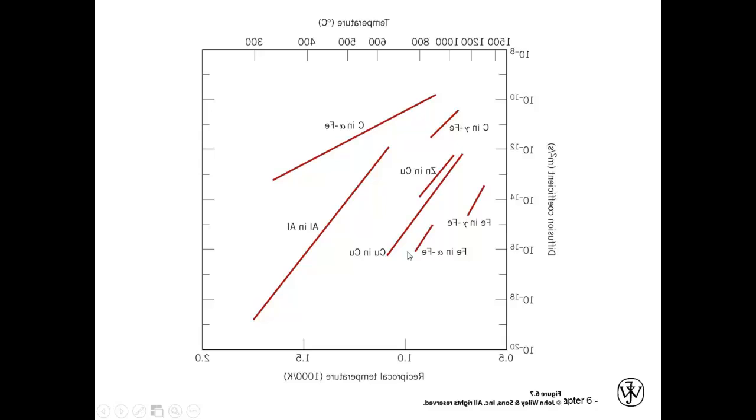I took this chart, which should be in your book somewhere, and I turned it around so that you could see the positive relationship between temperature, or the reciprocal temperature here, and the increasing diffusion coefficient. And you see these two as well as a couple of others.